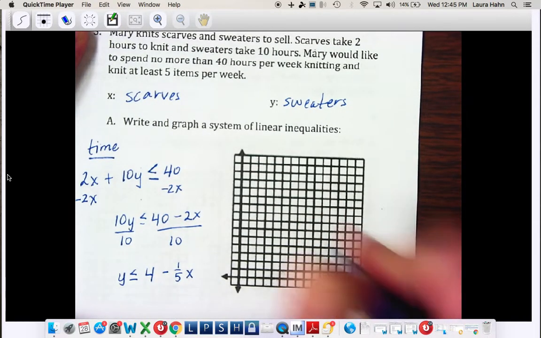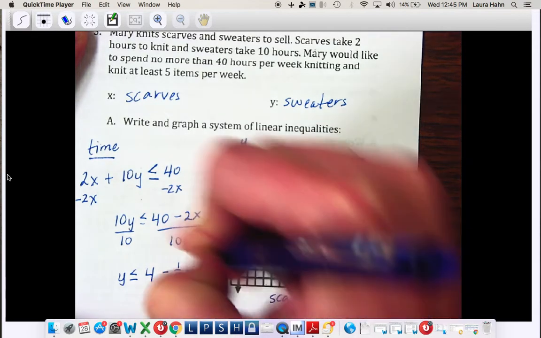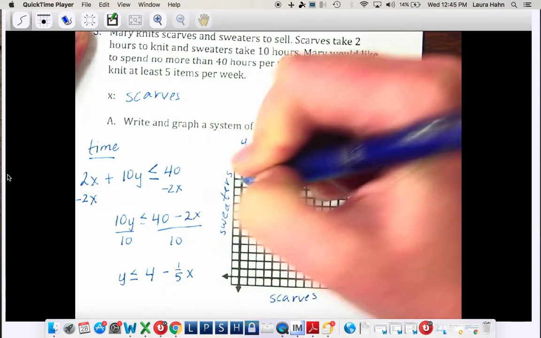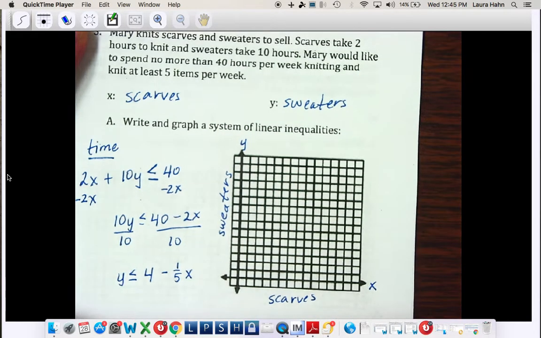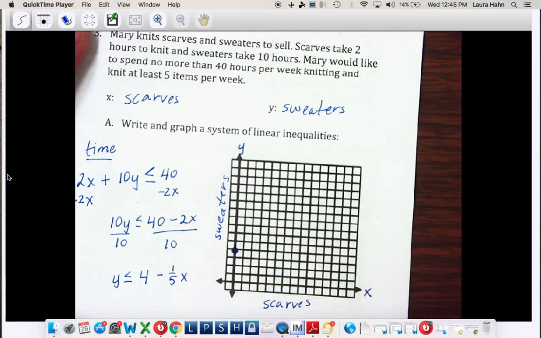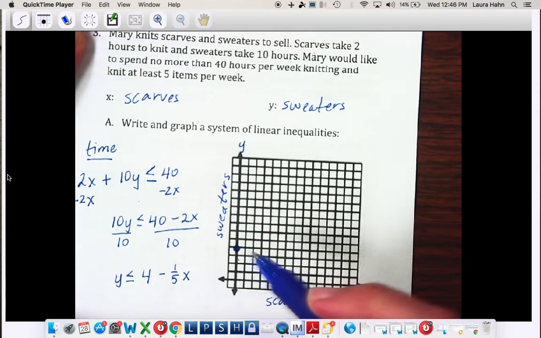Let's label my graph x and y, so scarves and then sweaters. My y-intercept is 4. My slope is a negative 1/5, which means I'm going to go down 1, right 5.